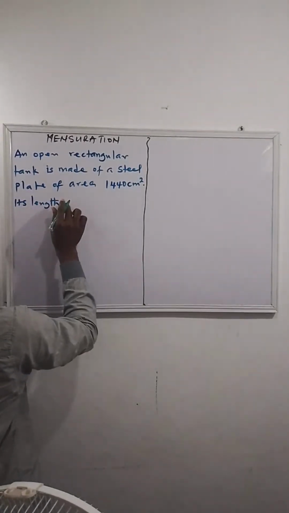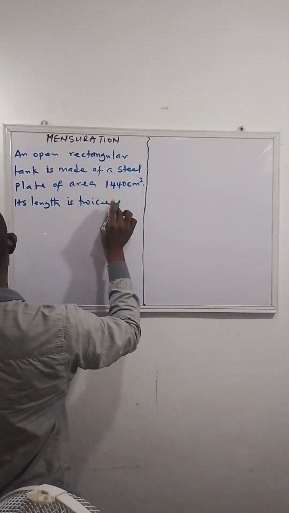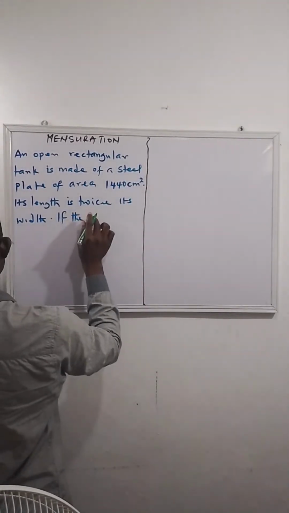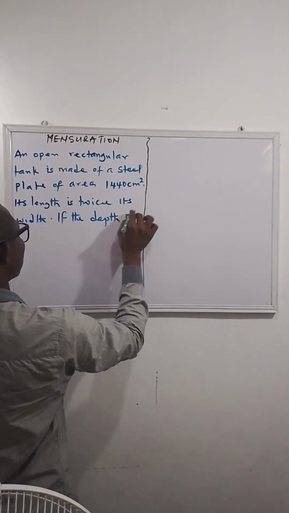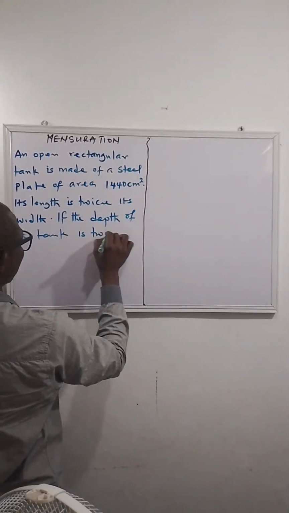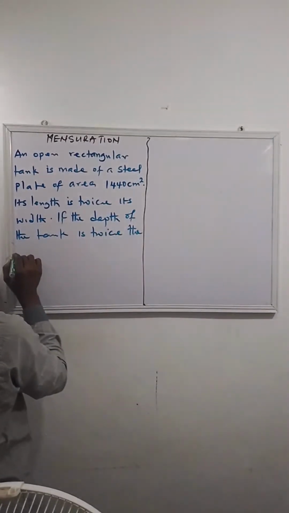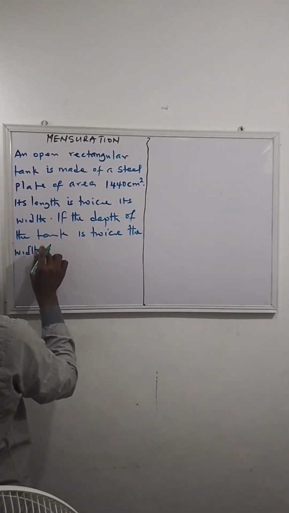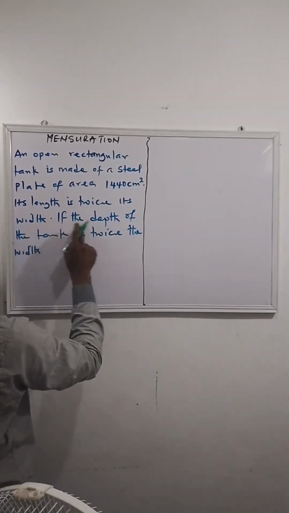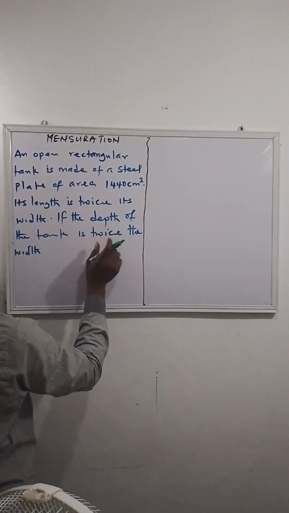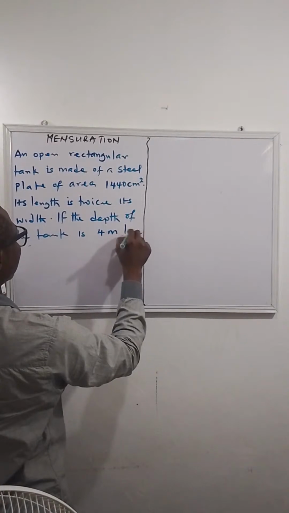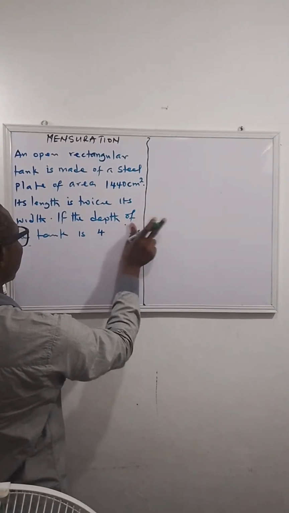Its length is twice its width. If the depth is 4 centimeters less.